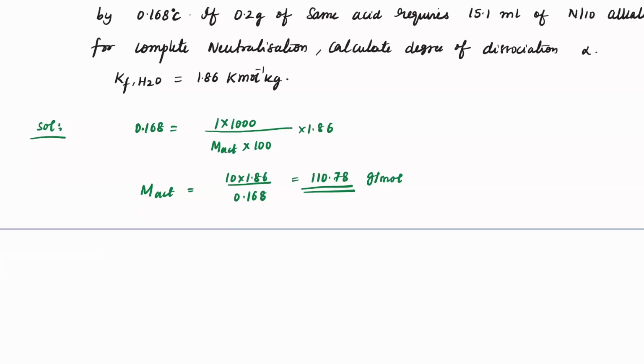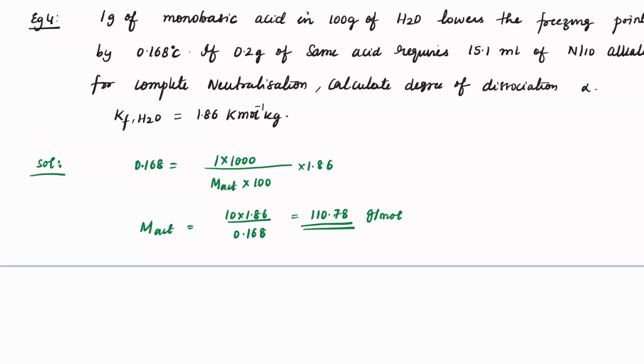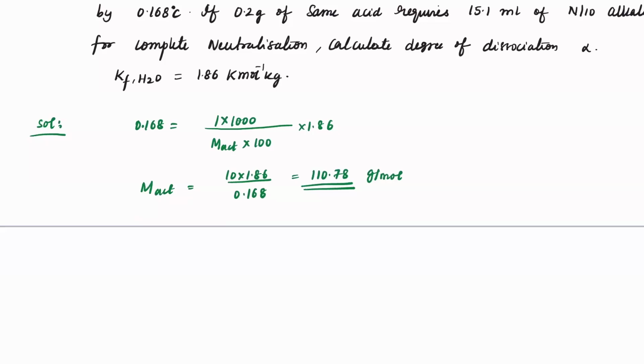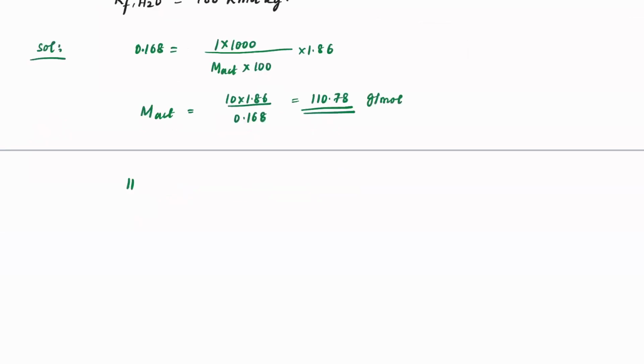Next thing what's happening here is, this is an acid which we are reacting with a base. Okay. So therefore you can see HX acid plus NaOH, correct? That will give us NaX plus H2O. Got it? So now we can say that equivalents of HX must be equal to equivalents of NaOH.